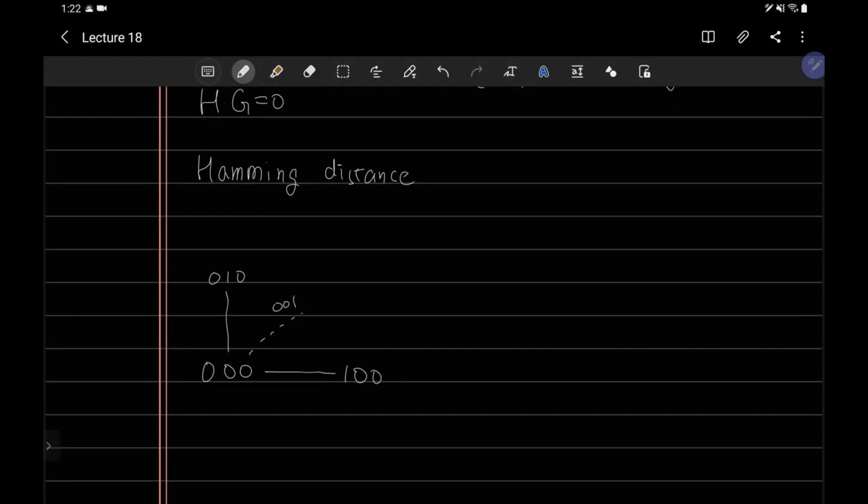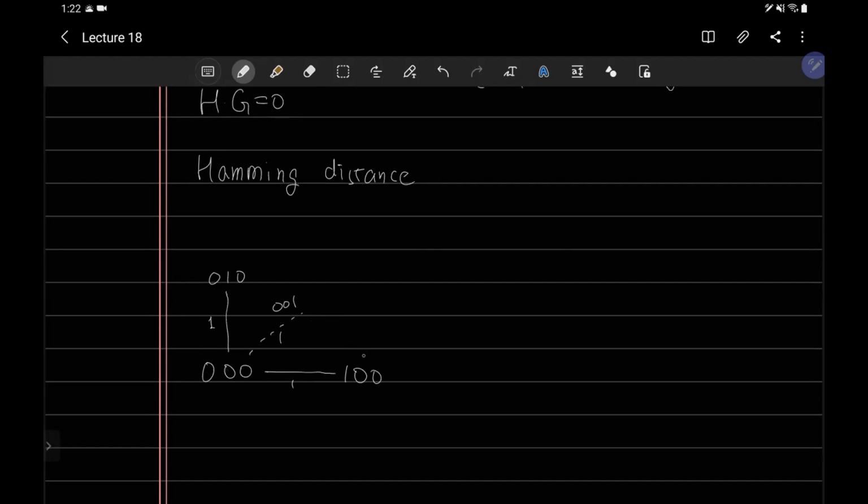And then we can see that from this code word to go to this code word with the error, I had to change one bit. So in this case, I can say that the Hamming distance between this and this code word is 1. So this is the distance.